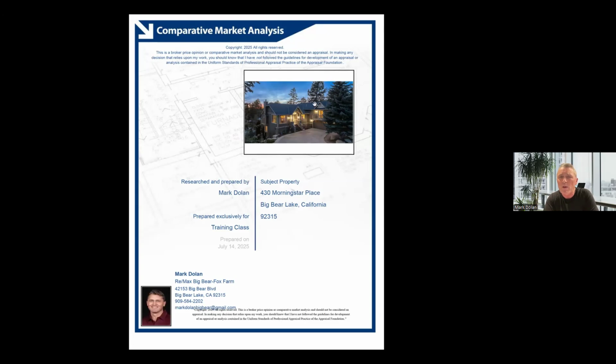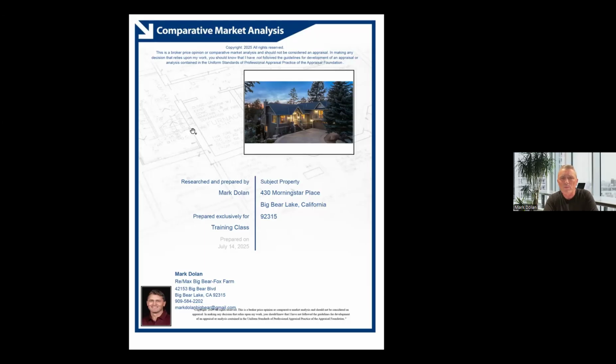This happens to be my old home, the one that we sold in May of 2022 for 1,550,000. It just closed escrow for 1,475,000 after they had put in probably $75,000 in improvements. So that sort of gives me a little bit of an idea of what's going on in the market there.